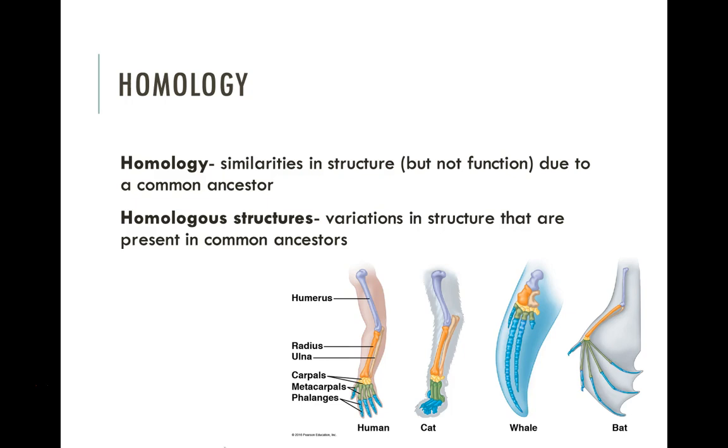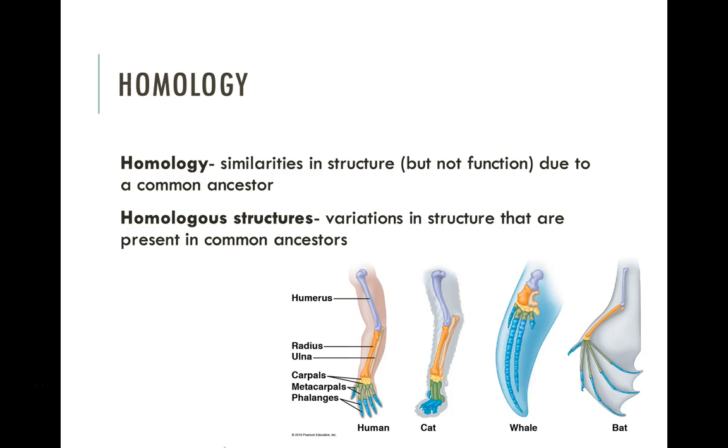So let's take this example of the human forearm. We can see the homologous structures in a variety of different mammals. So the basic structure would have been present or is present in a common ancestor. And you can see that they have highlighted the different bone structures and their positions in these different animals.